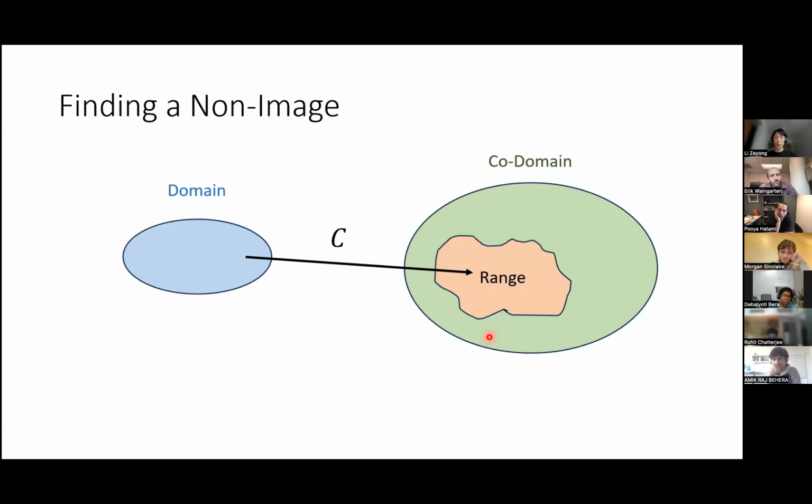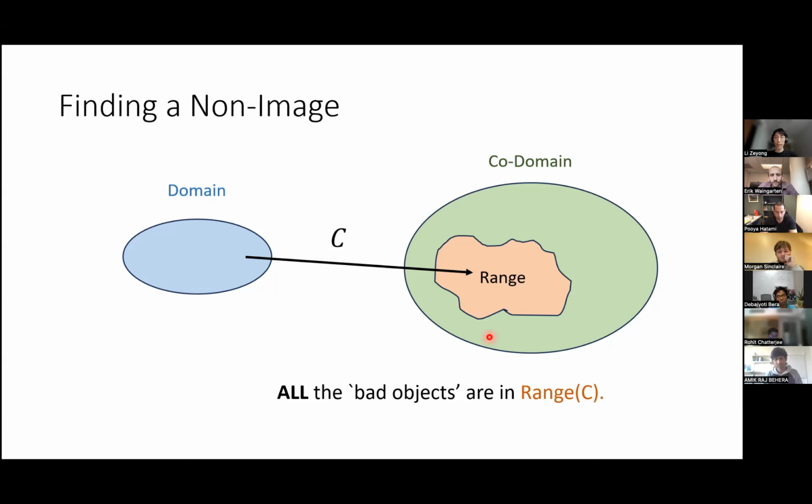So just to give an intuition behind why this problem is related to constructions of all those combinatorial objects, I have here a picture of what happens when we apply the circuit. It maps the domain to its range, and there's a much bigger codomain.